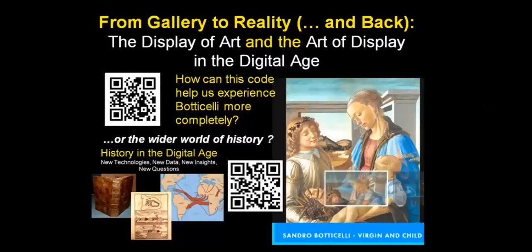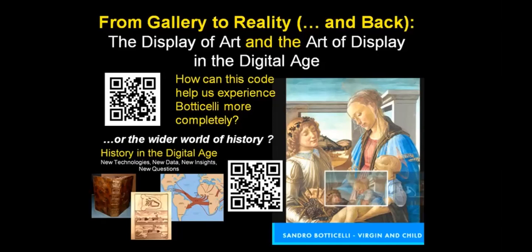In fact, it's a general process going on now in all galleries, trying to bridge the gap between gallery and reality and back. You can scan in the codes in most art galleries nowadays and get very much richer material than you can possibly pick up or carry while you are seeing the exhibit itself in the museum.